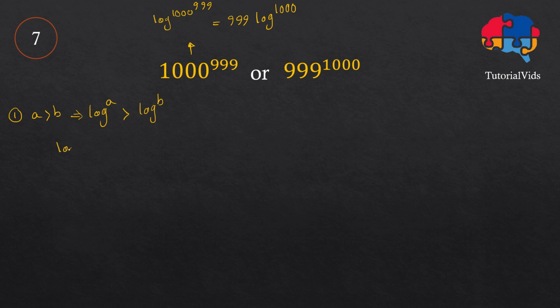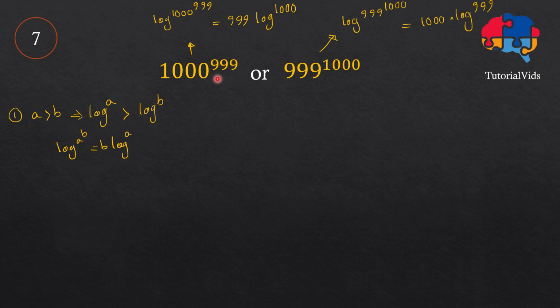Why is that? Because the logarithm of A to the power of B equals B times the logarithm of A. And if I take the logarithm of this number, it would be the logarithm of 999 to the power of 1000, and this equals 1000 times the logarithm of 999.